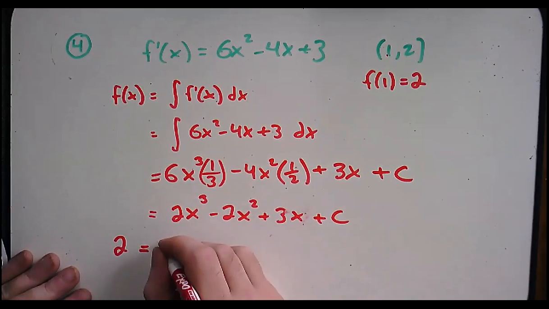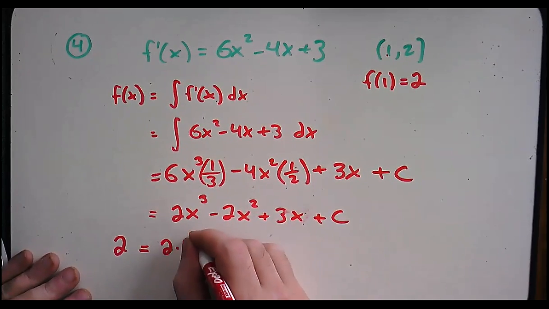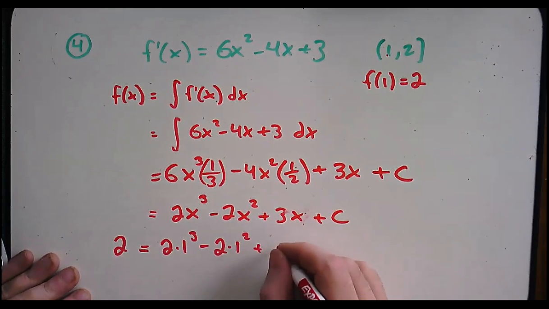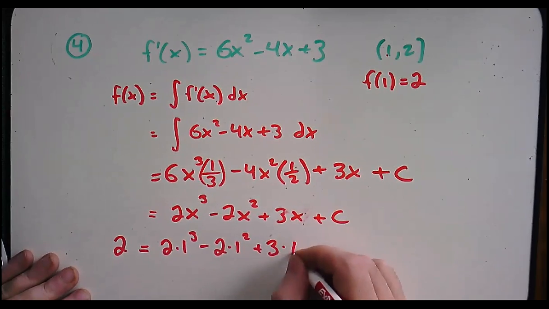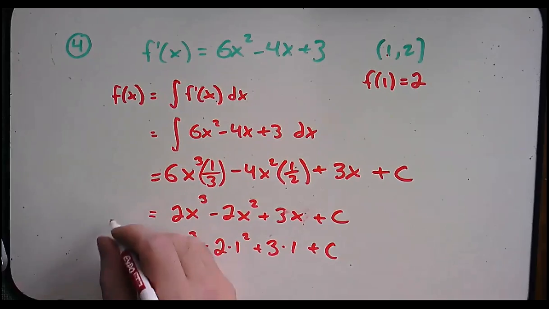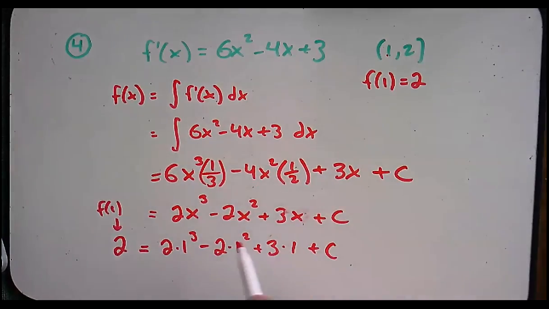So 2 equals 2 times 1 cubed minus 2 times 1 squared plus 3 times 1 plus c. Right? So right here, this is our f of 1, which we know to equal 2. And what we've done over here is let x equal 1 in every occurrence of the variable.